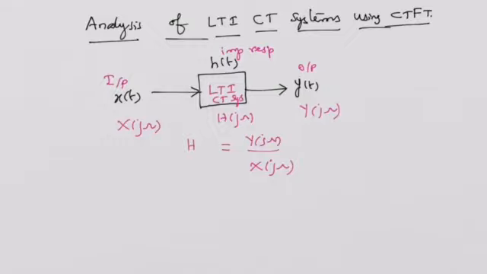So the transfer function in frequency domain will be represented by H of j omega, which will be a ratio of Y of j omega by X of j omega.